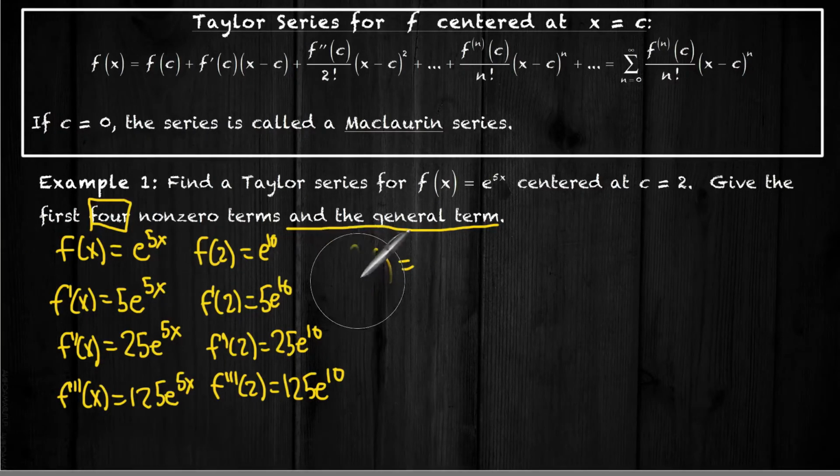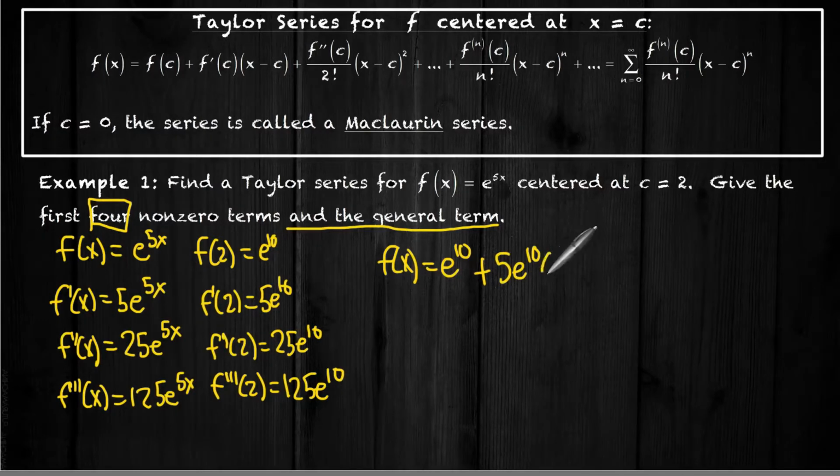However, the difference here is they are asking us for a Taylor series, and so a Taylor series means we want to list all the terms out. So that means we are going to say f of x is equal to the first term. We're going to use this Taylor series expansion. So f of 2 is e to the 10th. And then we have f prime of 2, which is 5e to the 10th.